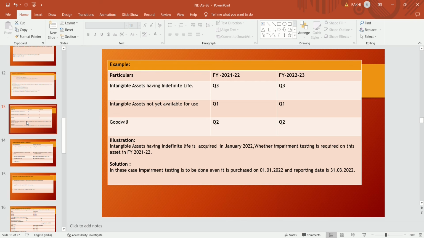The answer is yes. Even if the period is less than 3 months or less than a year, even though the asset was purchased in January and the reporting date is 31st March 2022, the impairment testing is to be done for that kind of asset.